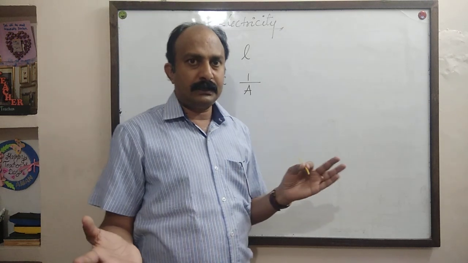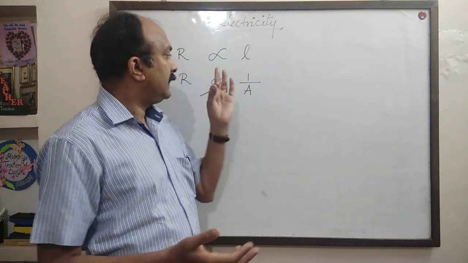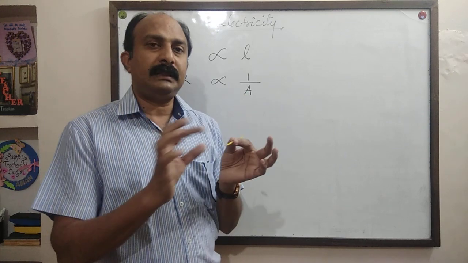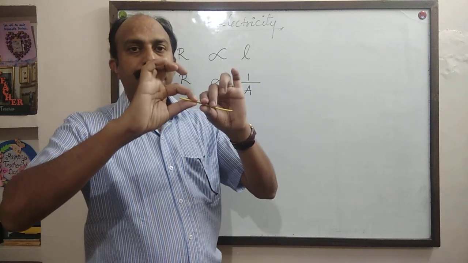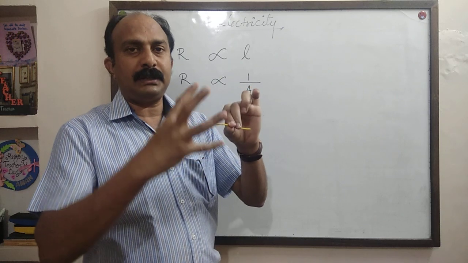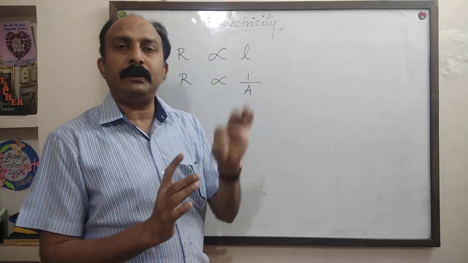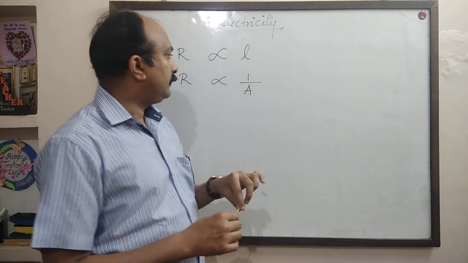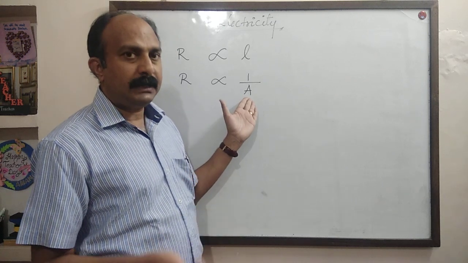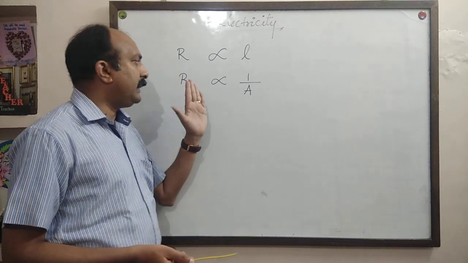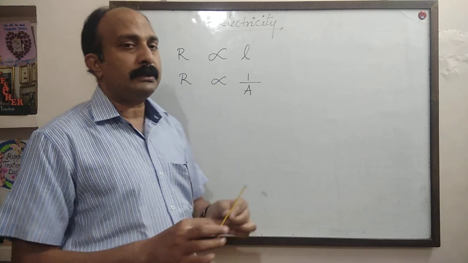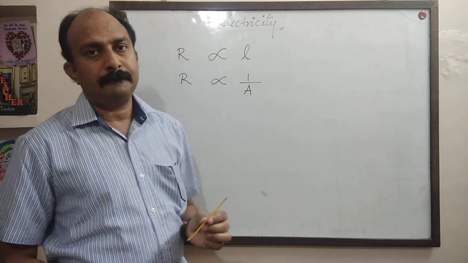In simpler words, area of cross section is nothing but the thickness of the wire. When area of cross section increases, thickness of the wire will also increase. So this point can be stated as, resistance of a conductor is inversely proportional to thickness of the wire.